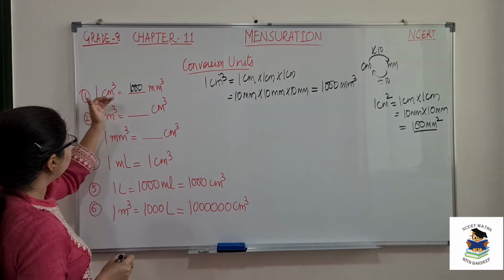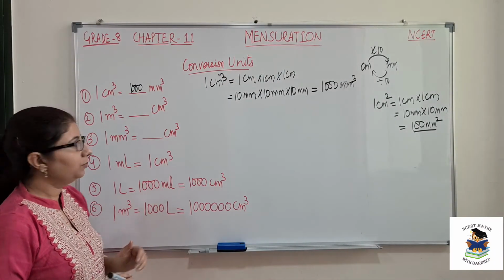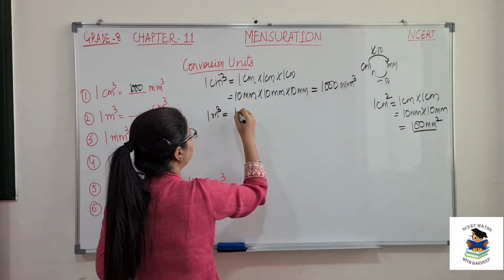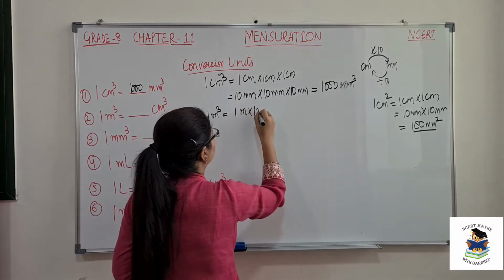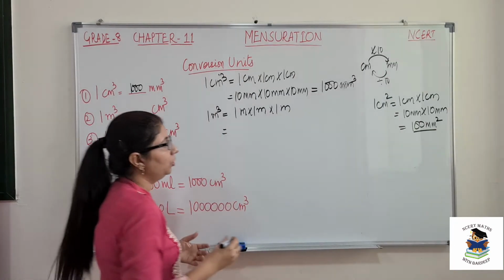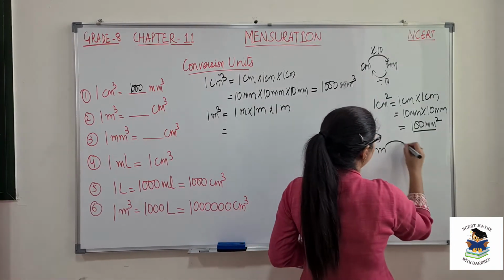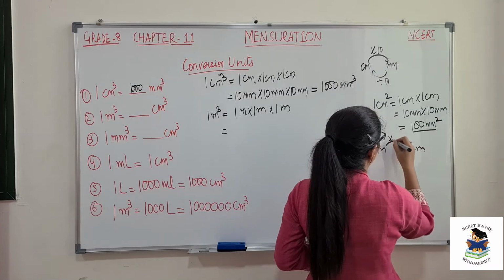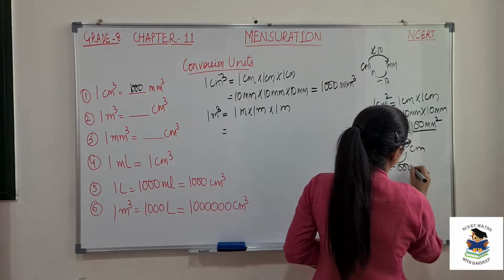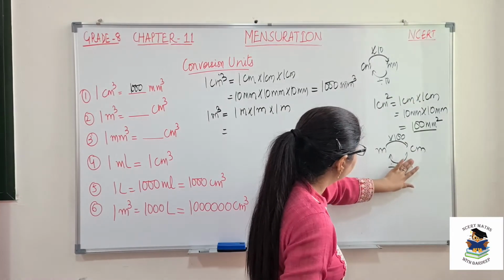Now let's see meter cube into centimeter cube. So again, 1 meter cube means 1 meter into 1 meter into 1 meter. Meter to centimeter means multiplied by 100, and centimeter to meter means divide by 100.